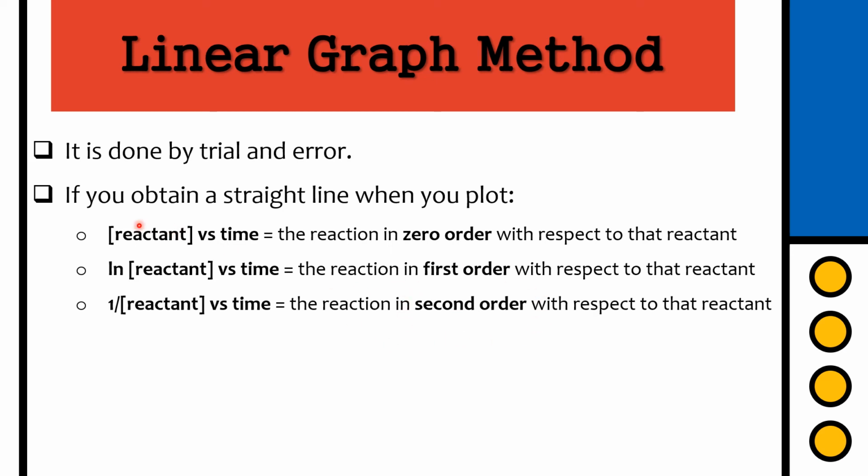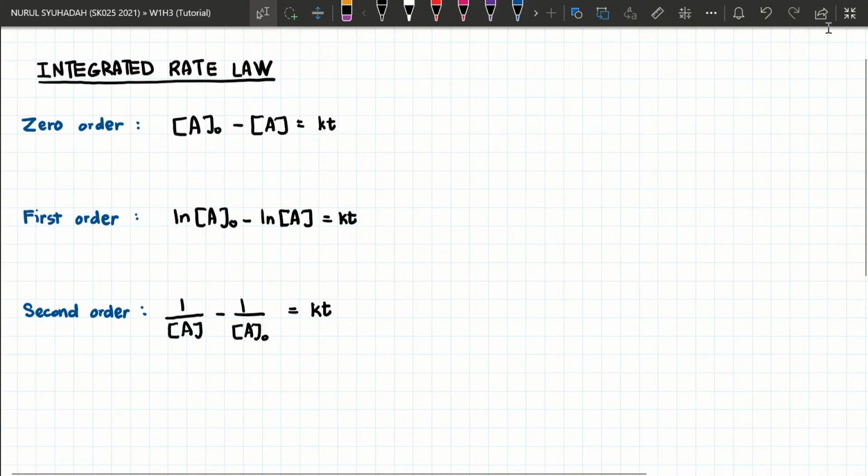Why does a certain graph give you a certain order of reaction? Like I mentioned before, it is because of the graph that we plot from the integrated rate law. So this is our integrated rate law. Usually the question will only give you the value of concentration and also time.